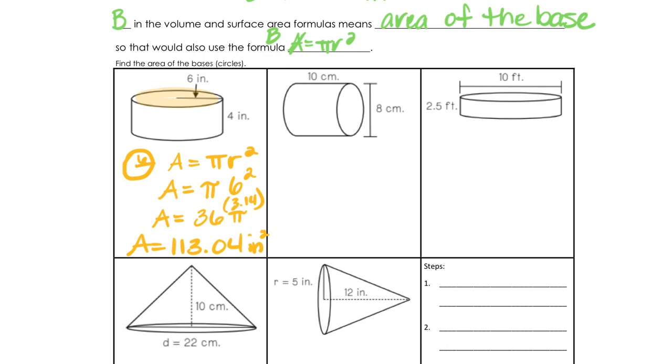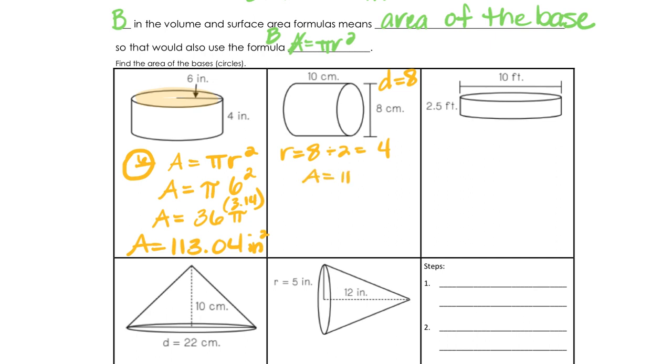All right, let's look at the next one. In this case, we are given a diameter. So our diameter is 8. That means we need the radius. To find that, we're going to divide it by 2. So radius equals 8 divided by 2, which would give us 4. Now we can find our area.